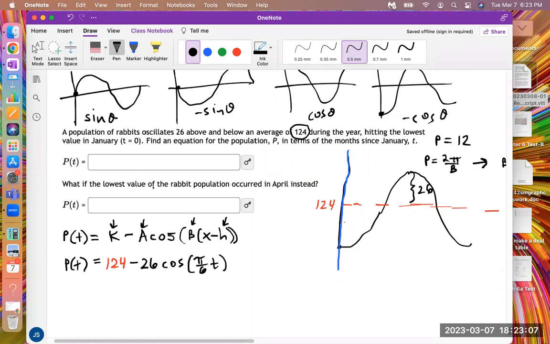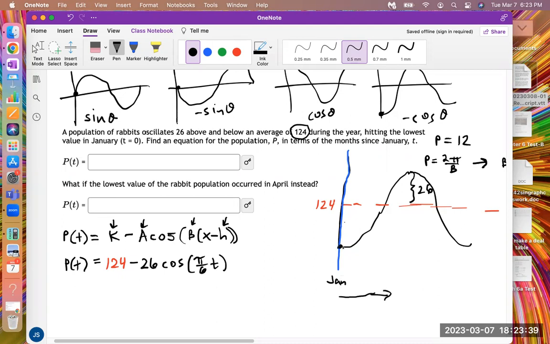Then what if the lowest value of the rabbit population occurred in April instead? So that would mean that this is shifted, right? If January is right here, at 0 on the x-axis, and the lowest value occurred in April, then it wouldn't be occurring in January, it'd be occurring 4 months later, right?